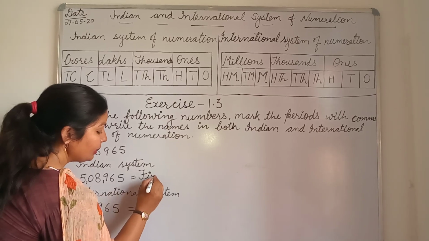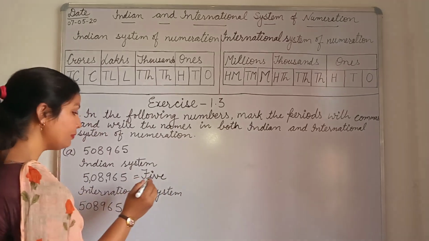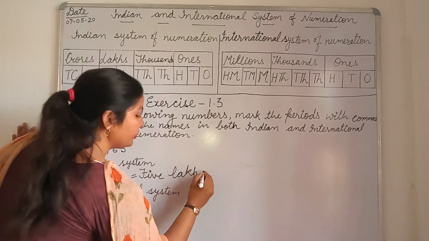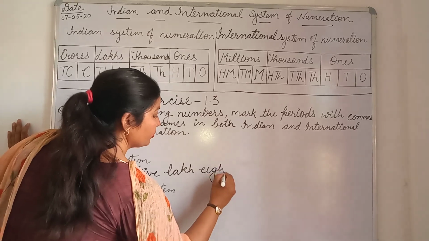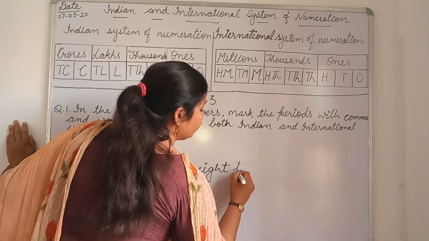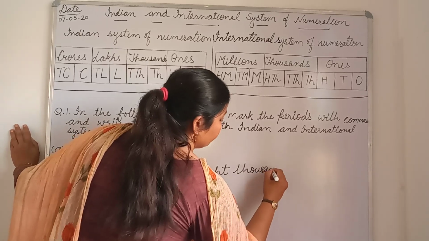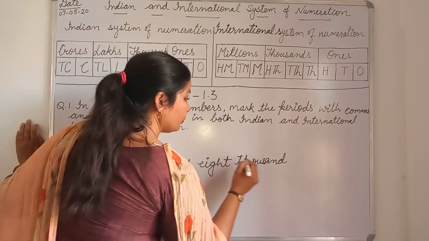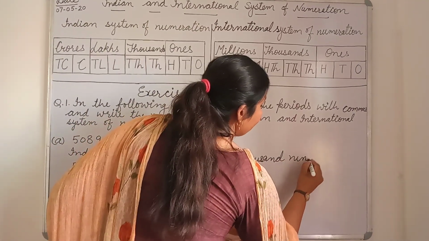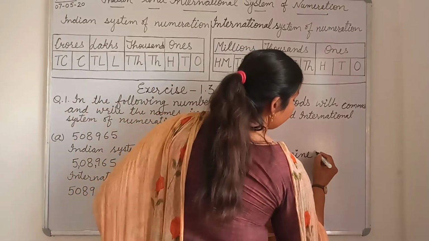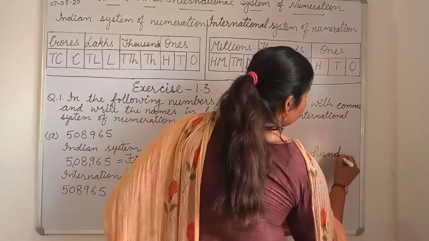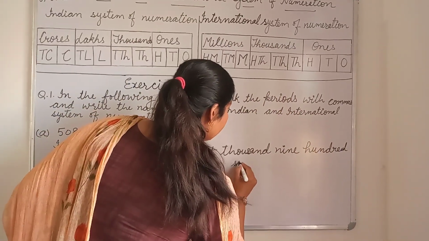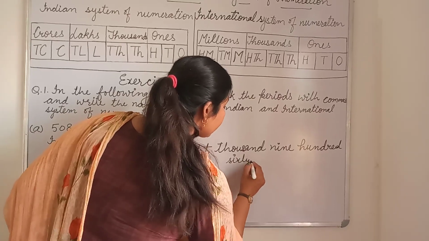Make the first letter capital and after that all small. 5 lakh 8,000 then 965. 9 N-I-N-E, 9 hundred, H-U-N-D-R-E-D, 60 S-I-X-T-Y, 65.